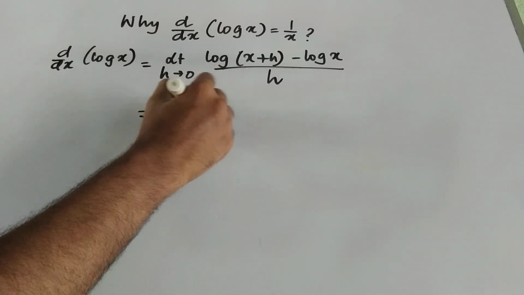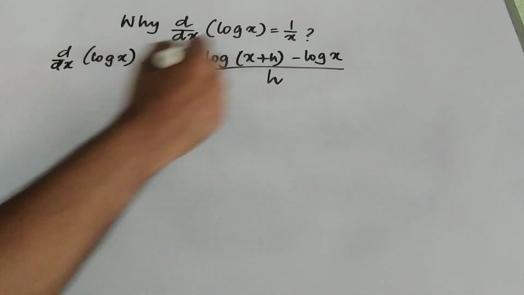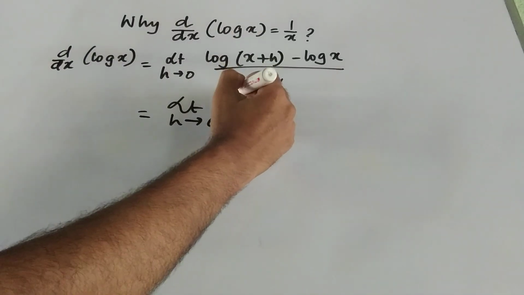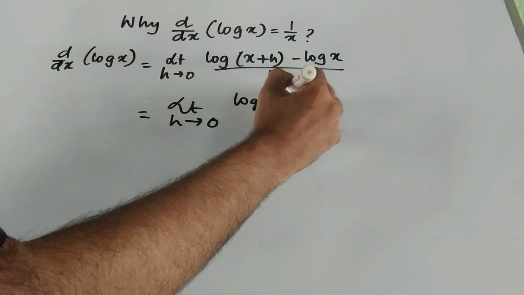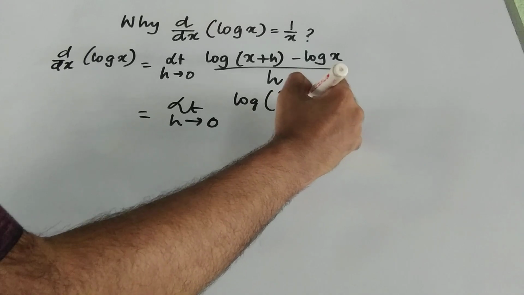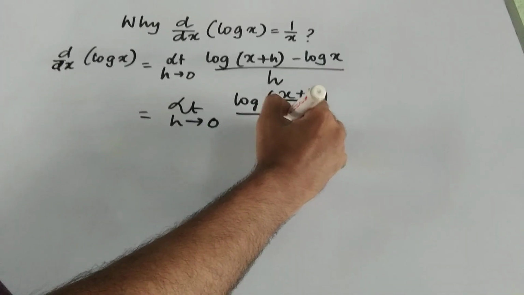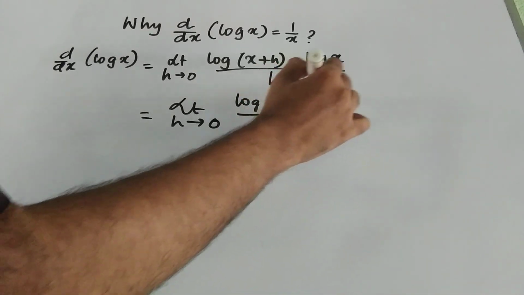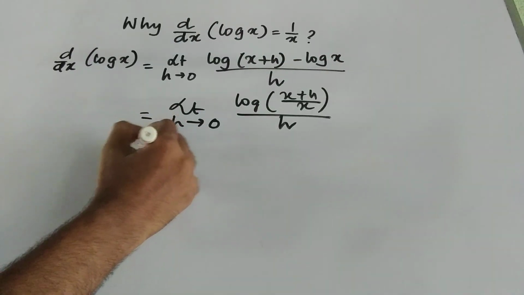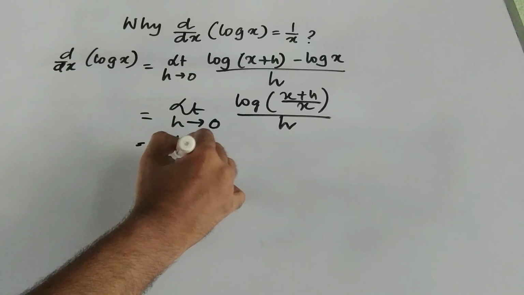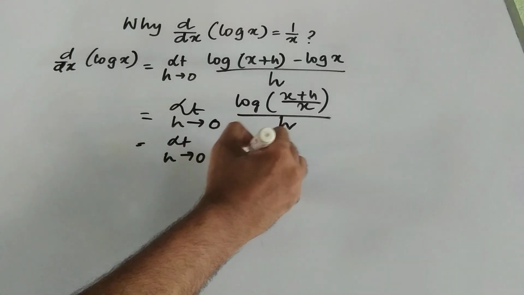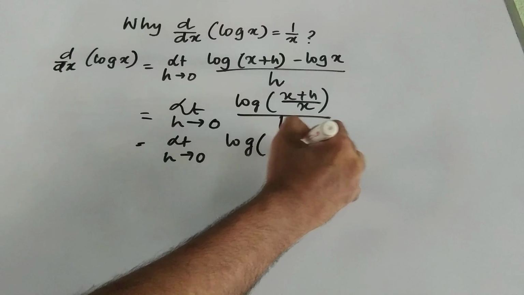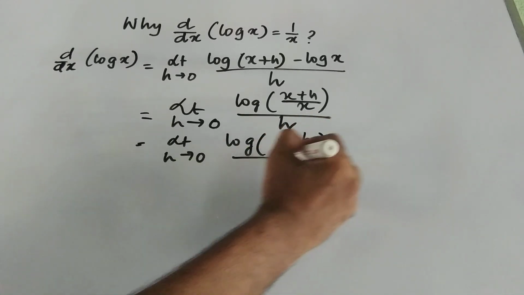So the same expression is converted as limit h tends to 0, numerator becomes log of x plus h whole divided by x, divided by h. Now I divide the x plus h by x, so it becomes limit h tends to 0 of log of 1 plus h by x whole divided by h.